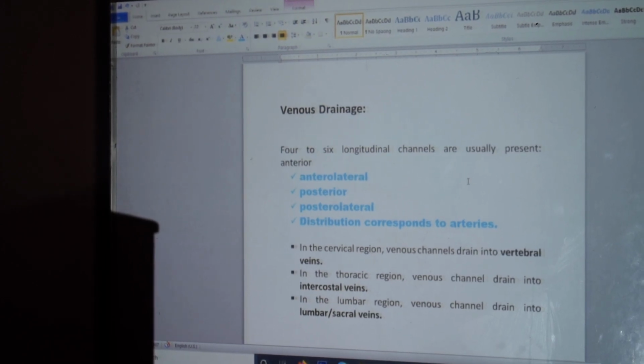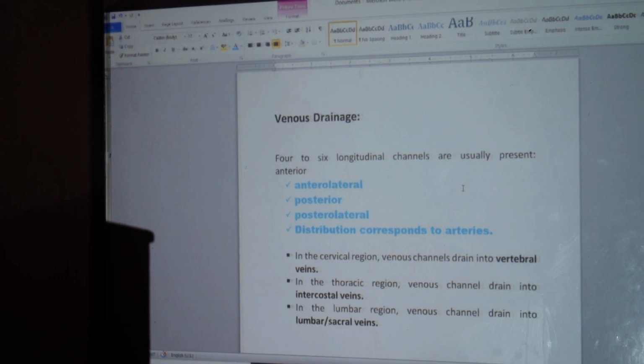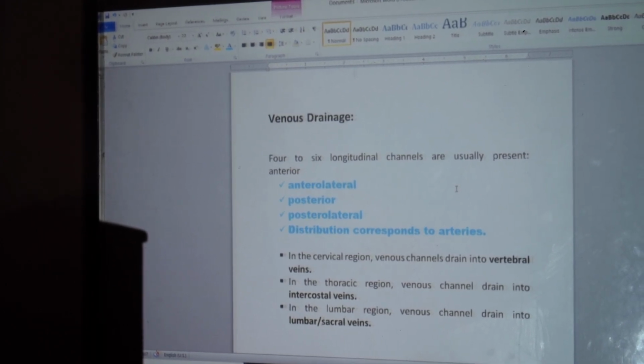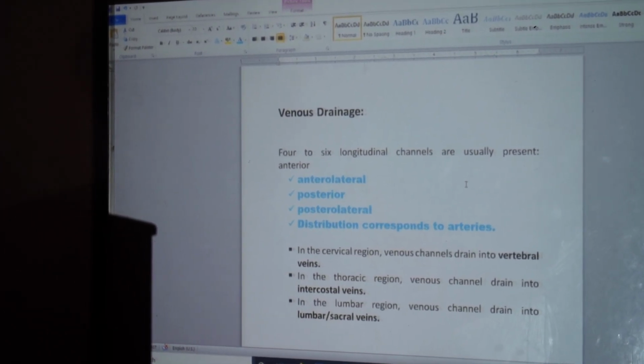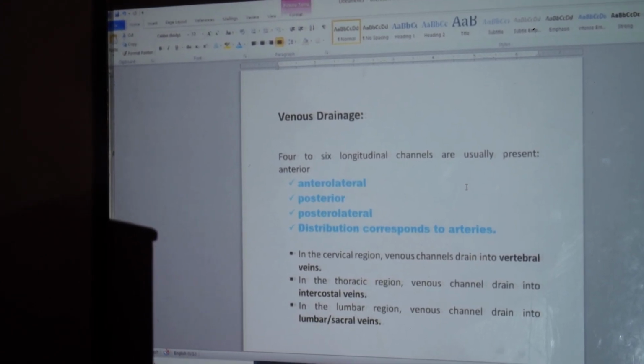In the cervical region, the thoracic region, and the lumbar region, these veins drain respectively into the vertebral veins, the intercostal veins, and the lumbar or the sacral veins. They form a crown across the spinal cord longitudinally, and this follows the vascular supply like the arteries. So this is something about the venous drainage of the spinal cord.